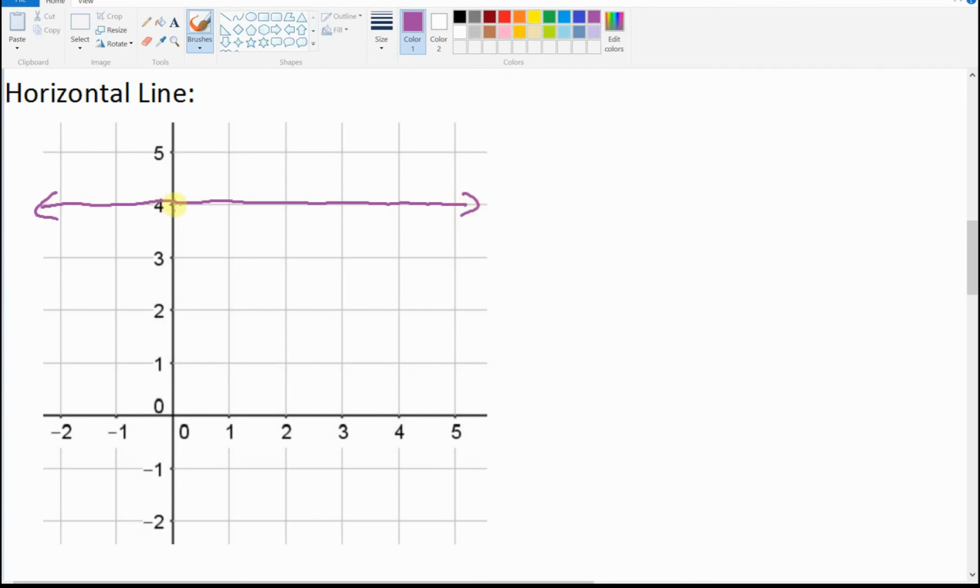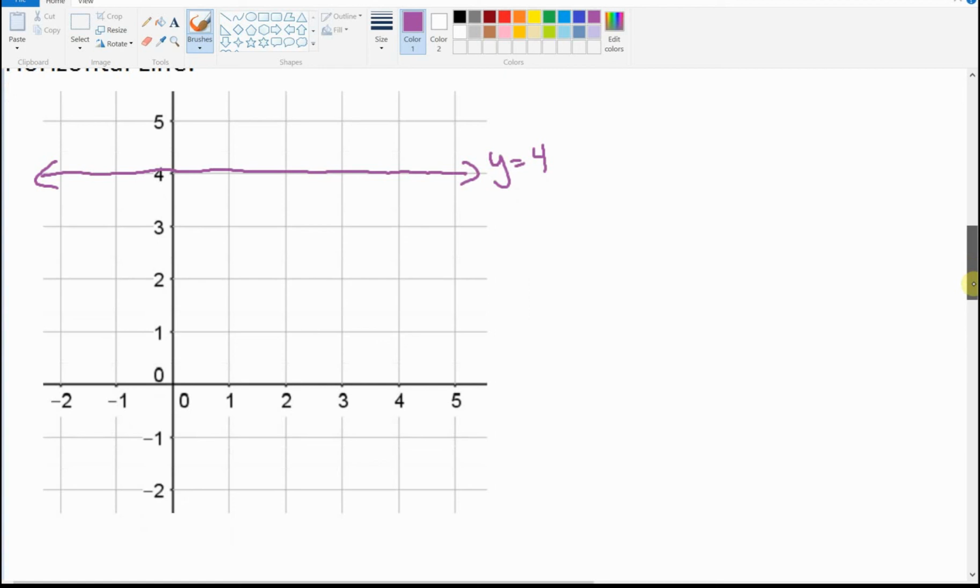Well, no matter what x is, we always have y equals 4 all the way across. y is always equal to 4. So the equation for this would be y is equal to 4. The y-intercept's 4. Every possible point, y is always equal to 4. That's how we define it. So if your value was 5, then y equals 5 would be a horizontal line through y equals 5.